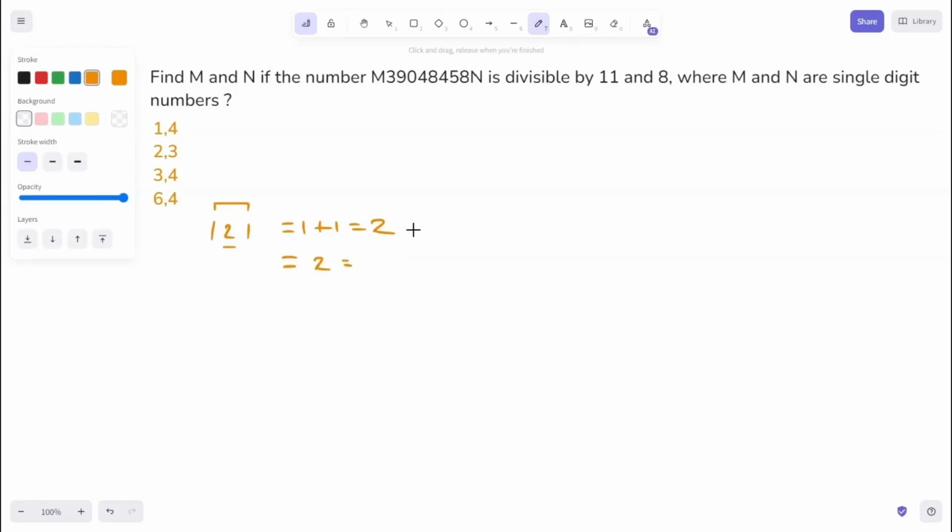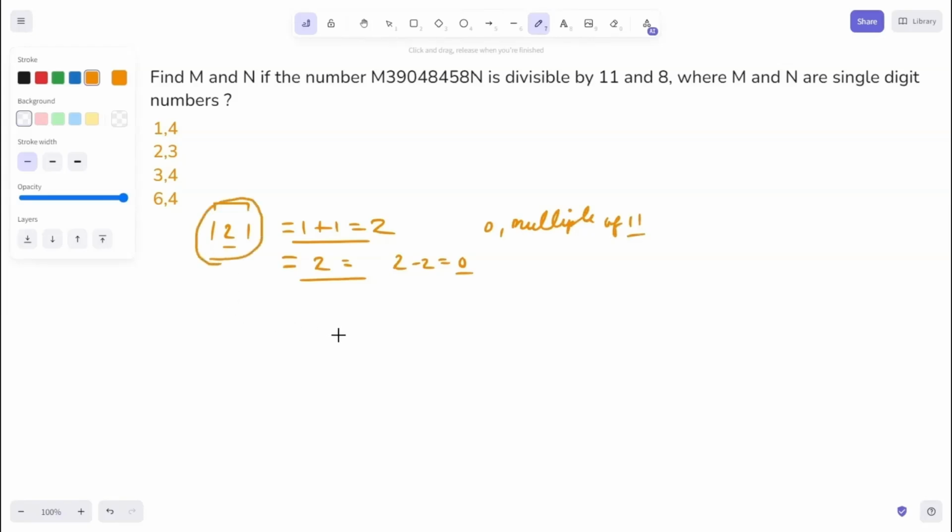Now we see the difference of the odd position sum and the even position sum: 2 minus 2, which equals 0. If the difference of the odd position sum and the even position sum is 0 or a multiple of 11, it means that particular number is completely divisible by 11.